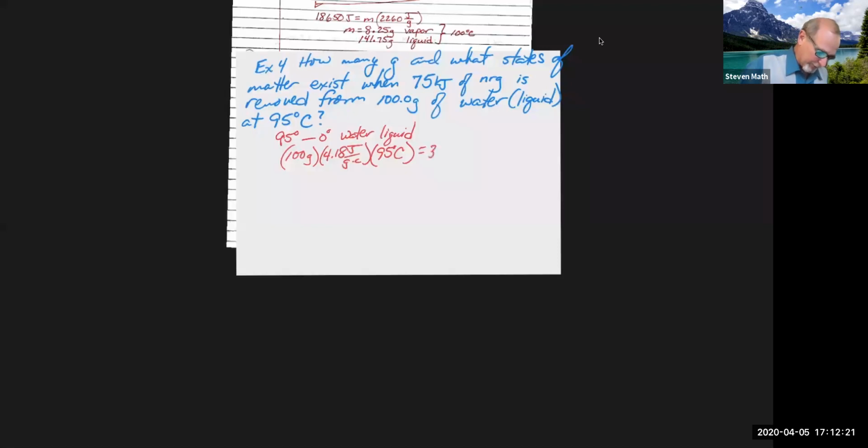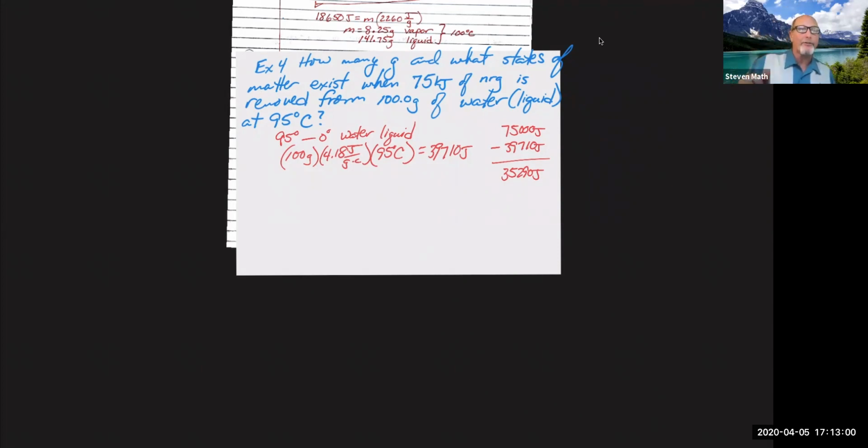This is going to cost us 39,710 joules. So we have 75,000 joules over here, and we just spent 39,710. So we still have 35,290 joules.